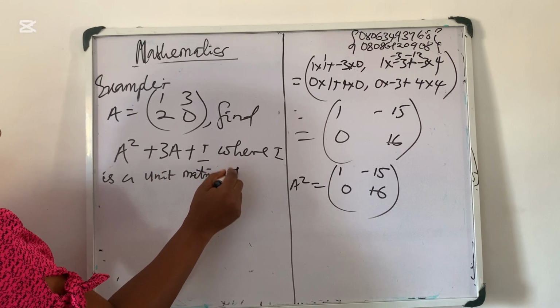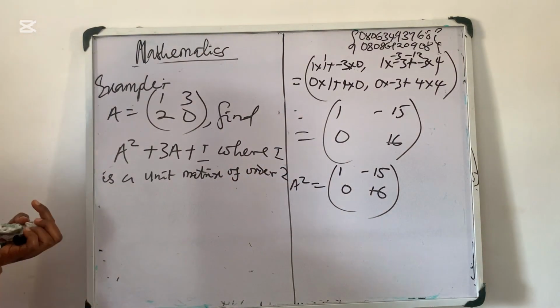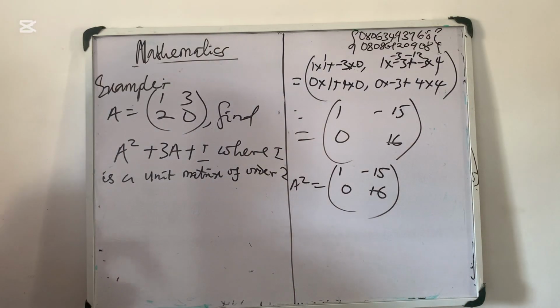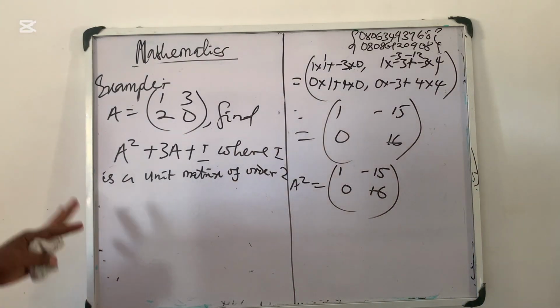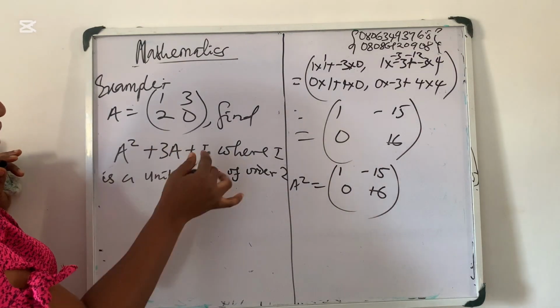Recall that a unit matrix is a diagonal matrix with 1 as the diagonals and 0 elsewhere.